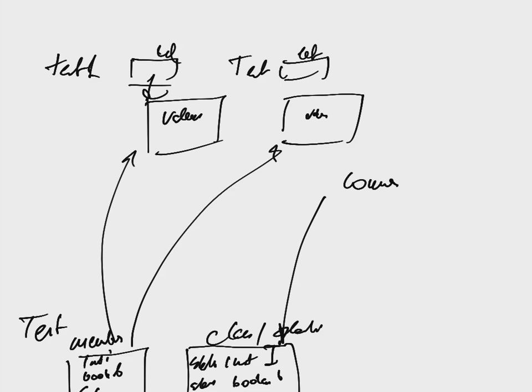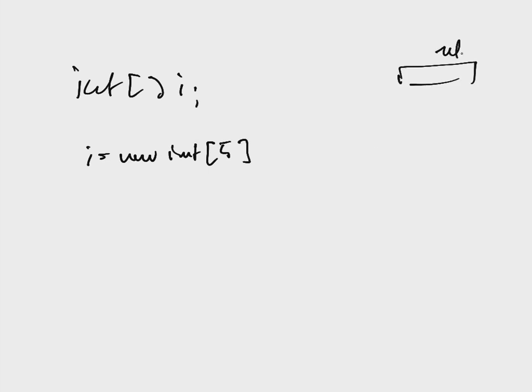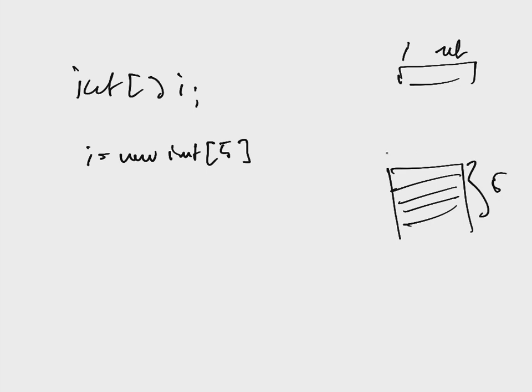So in terms of virtual memory, it looks something like this. You have your array, let's say int e, and when you say e is new int of 5, you created this reference here of e, and new int 5 will be 1, 2, 3, 4, 5. 5 integers, length is 5, it is an array. Something like this in the data structure.